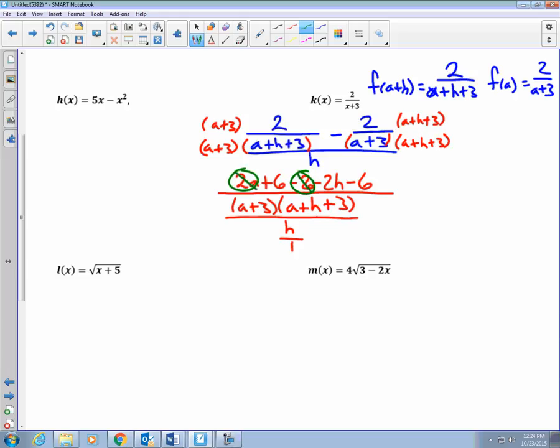Negative 2a and positive 2a. Positive 6 and negative 6. Instead of dividing by h over 1, I should multiply by the reciprocal. What's going to cancel there? The h will cancel, leaving you with what in the numerator? Negative 2, right? Over a plus 3 times a plus h plus 3.